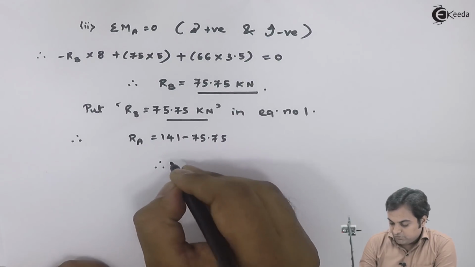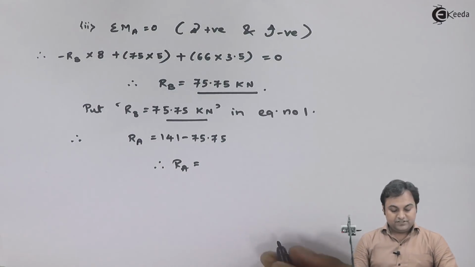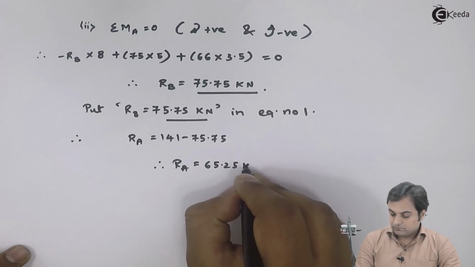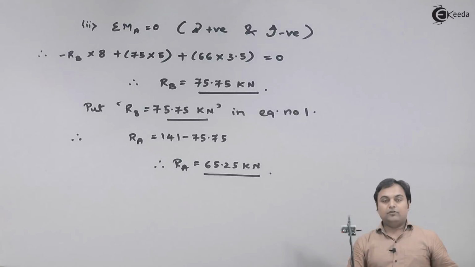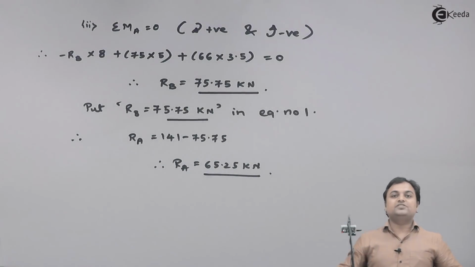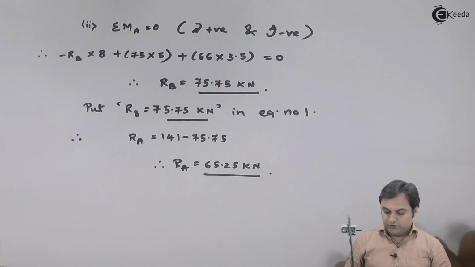So my RA value comes out to be 65.25 kilonewton. So these are my values of reactions, that is the support reactions. Now this completes my step number 1. In step number 2, I would be calculating the value of shear forces at all the points.